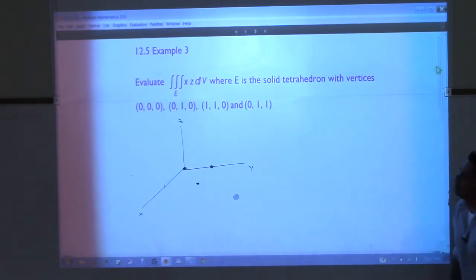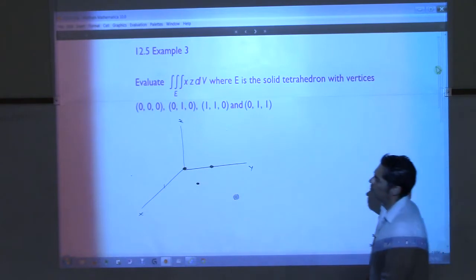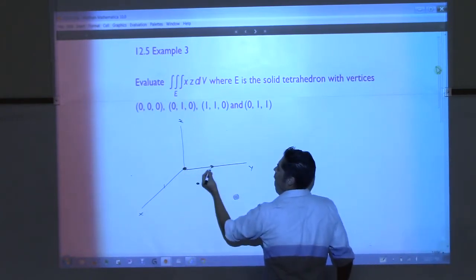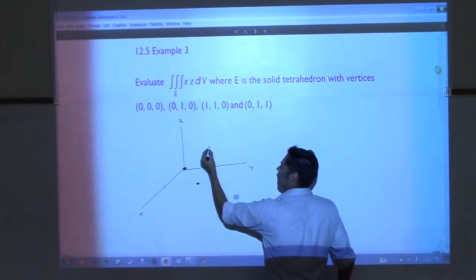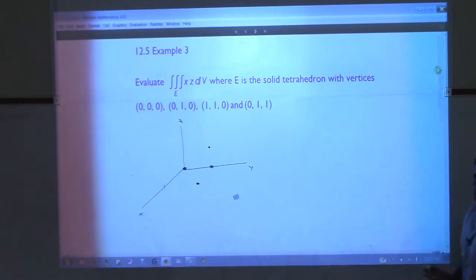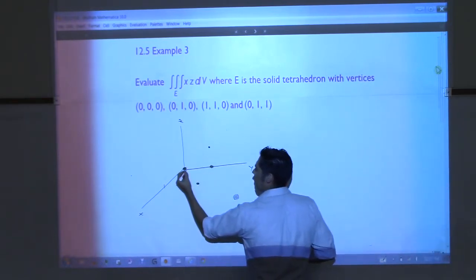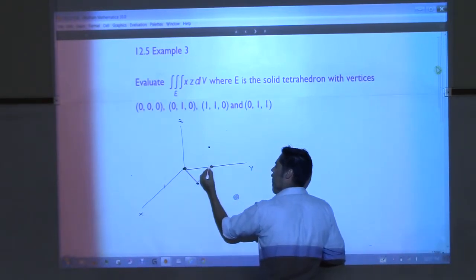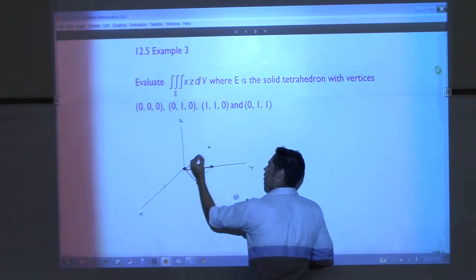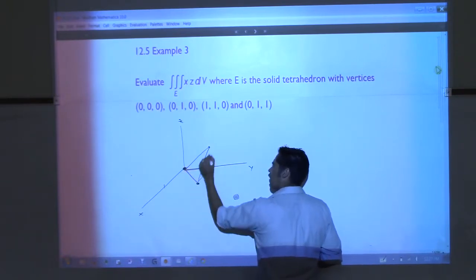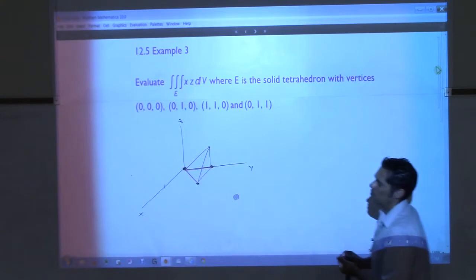And then 0, 1, 1 is up here. Can you all see this solid tetrahedron? Let's connect some dots here. Do you all see it?